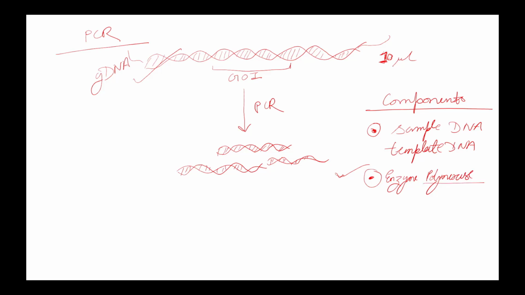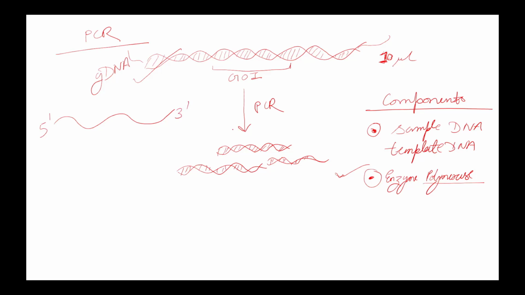The polymerase enzyme needs a 3' end to extend that particular DNA segment. So this polymerase enzyme needs a free 3' end. As we know, if we have a DNA sample, it has a particular direction from 5' to 3'.